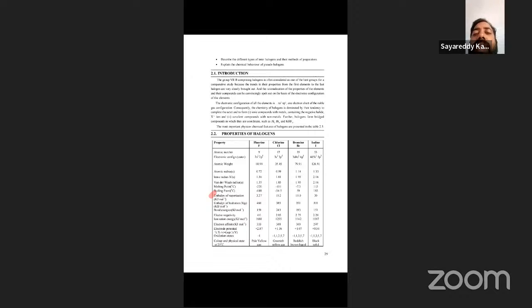The general electronic configuration of the elements is ns2 np5. One electron short of the noble gas configuration, which is ns2 np6. So they are one electron short of the noble gas configuration.